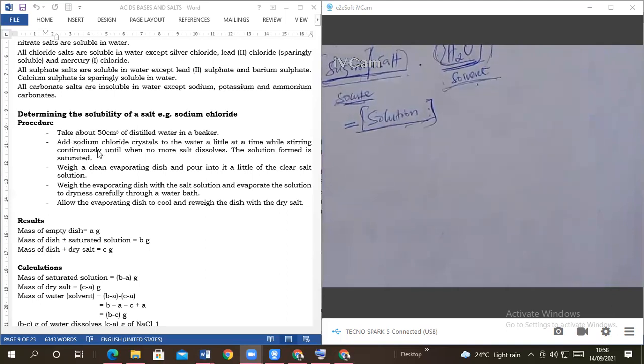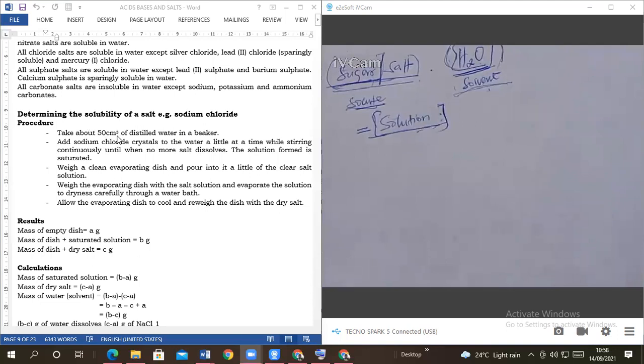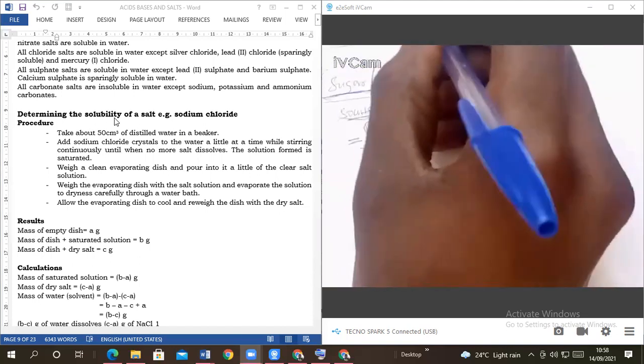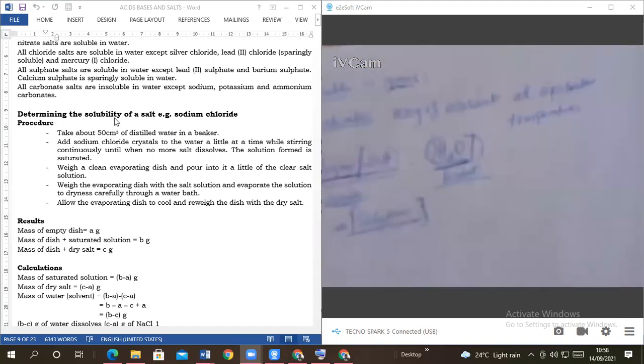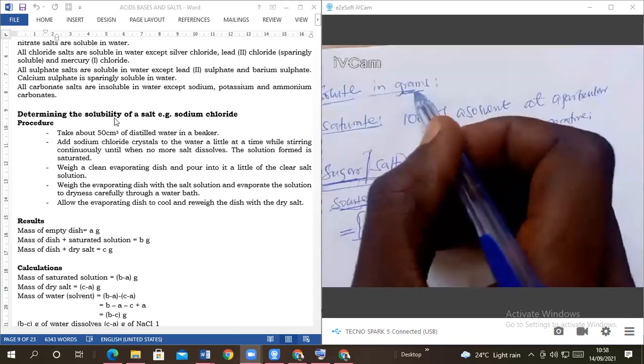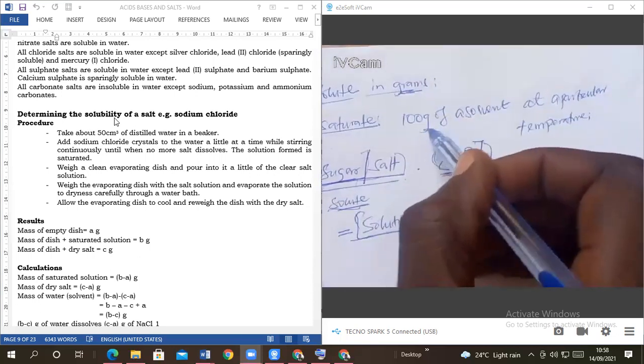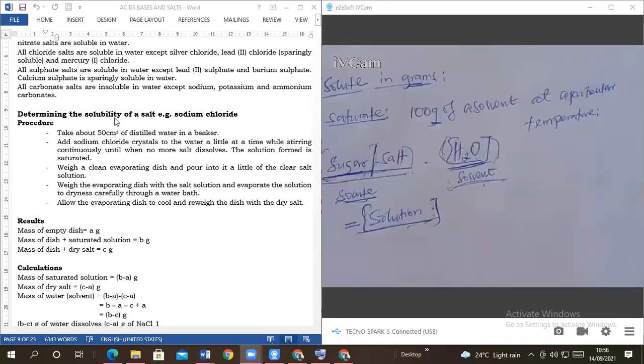We want to know the amount of this salt that was required to saturate water. Here they say 50 cubic centimeters, but when calculating solubility they use grams, not volume. Have you seen grams?